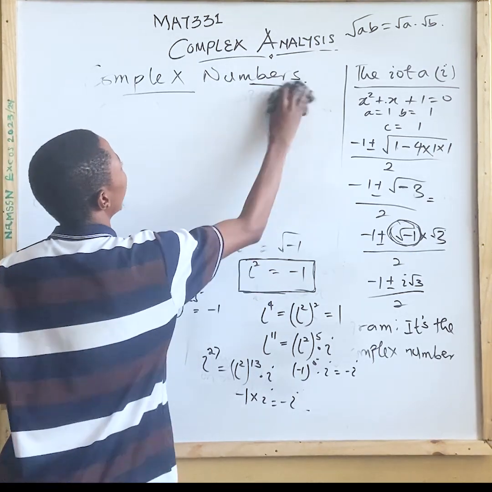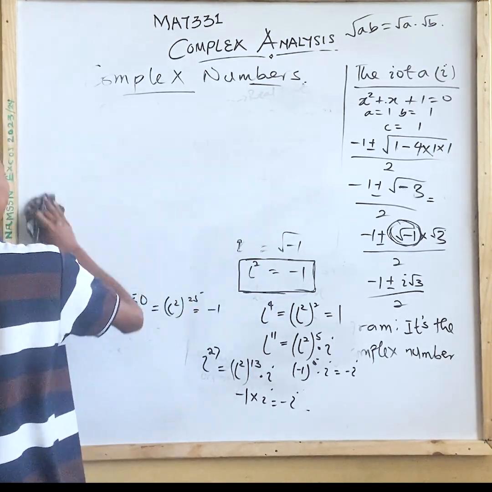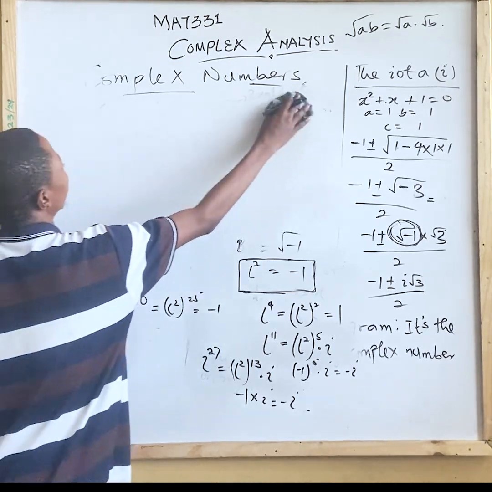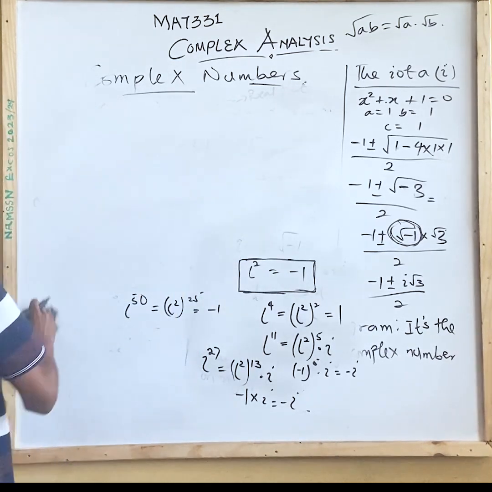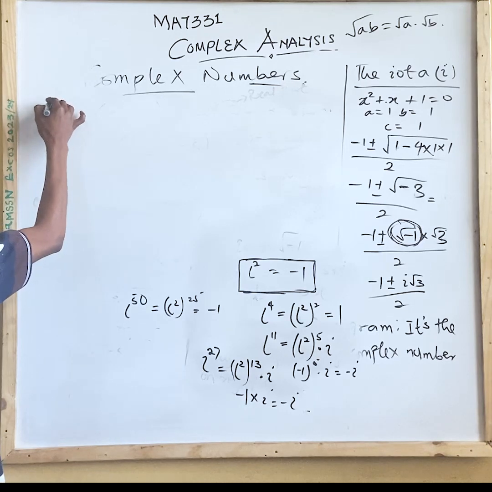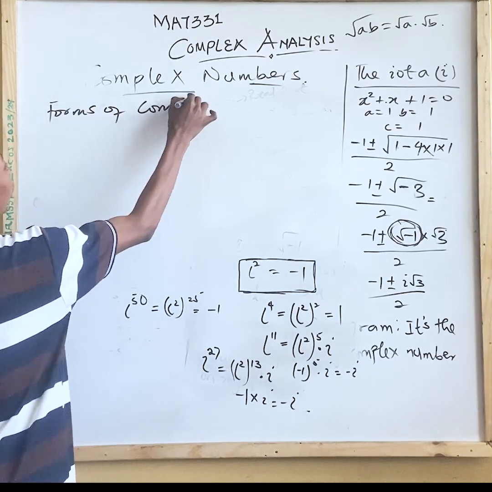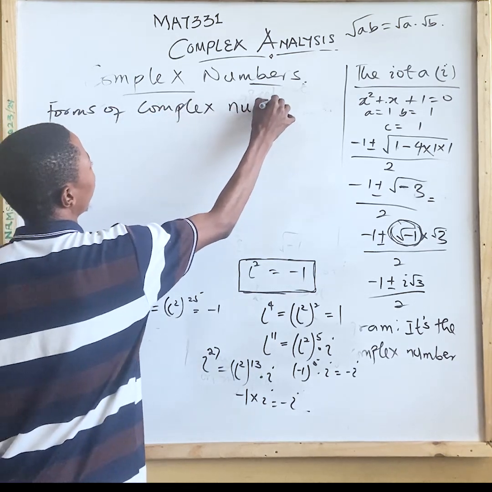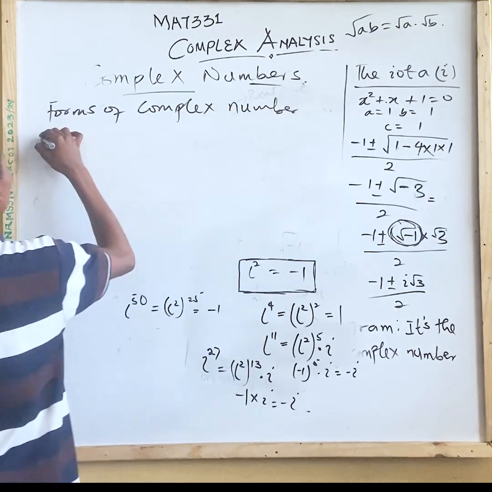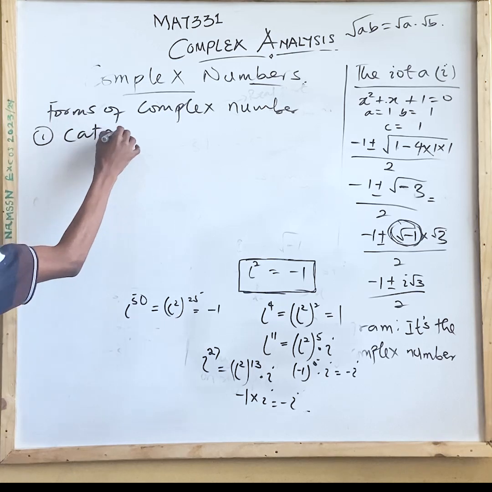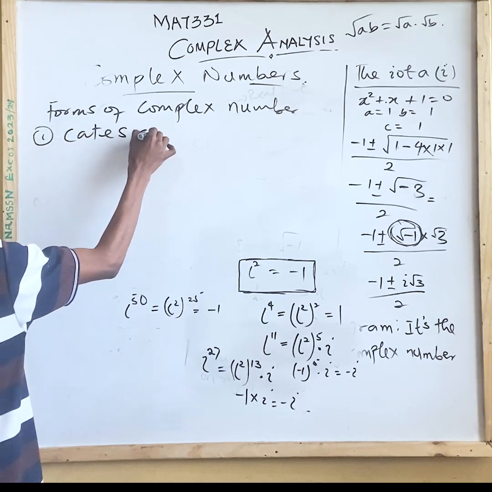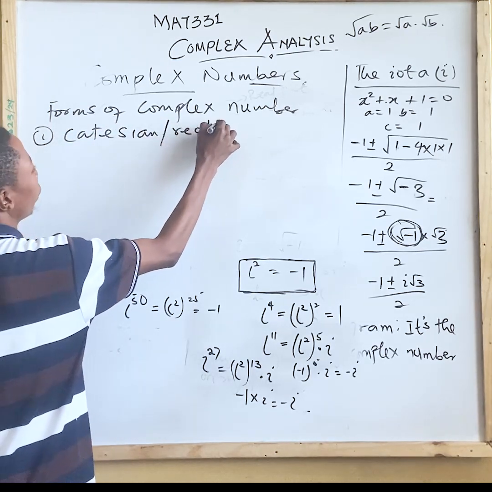Now, a complex number can be expressed in 3 different forms. Forms of complex number. Number one is the Cartesian form, or rectangular form.